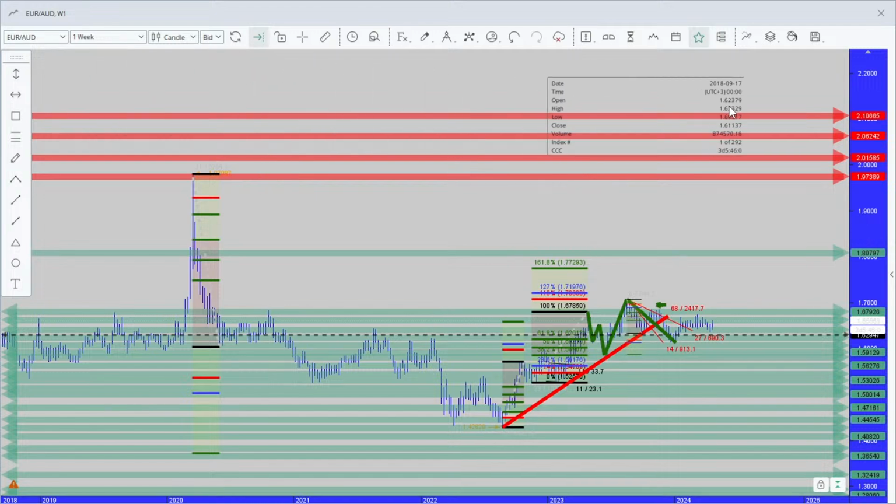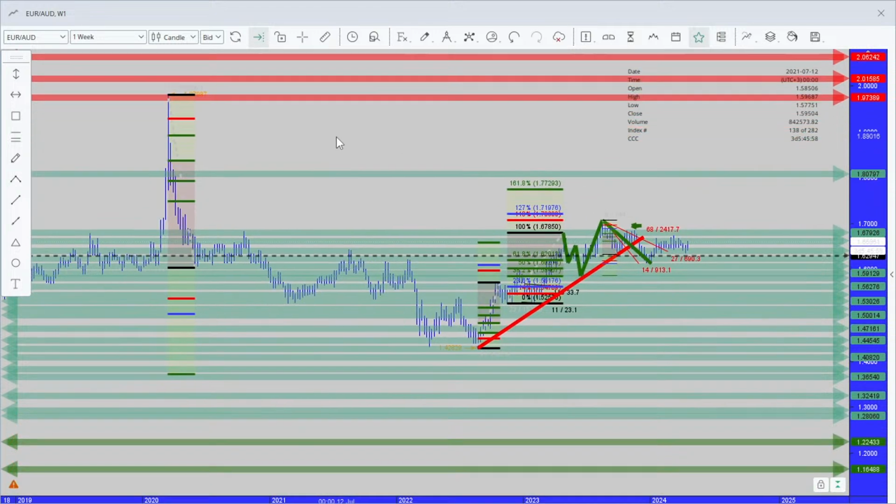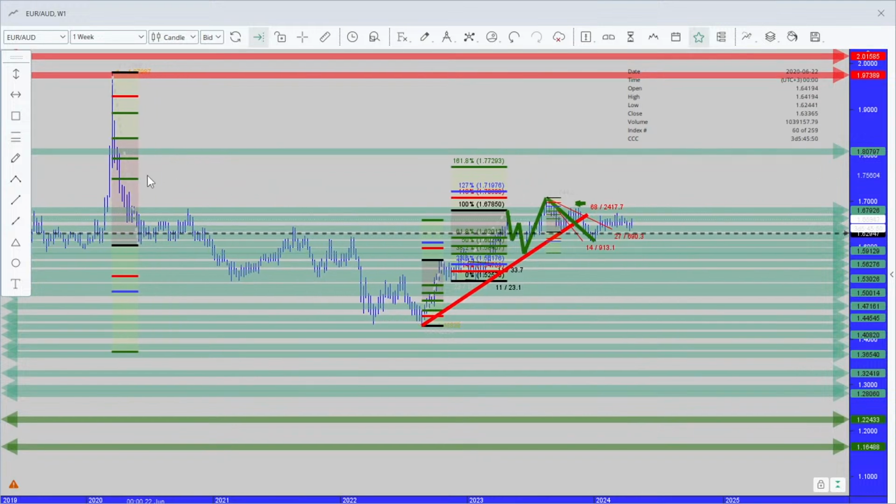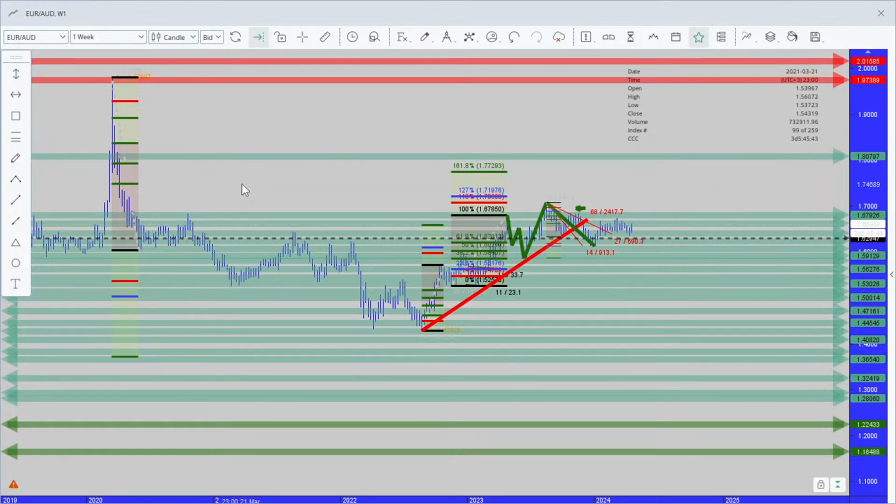Compared to yesterday's Euro New Zealand, where everything was aligned, and NZD CAD, where everything was aligned, on Euro AUD, talking about the original Fibonacci, we don't have alignment, right?